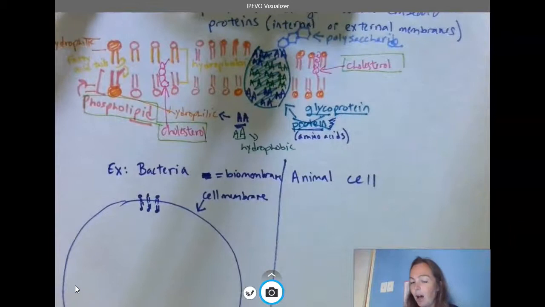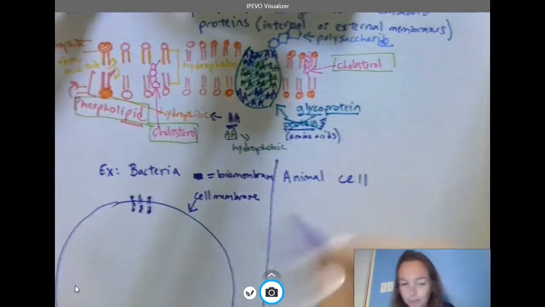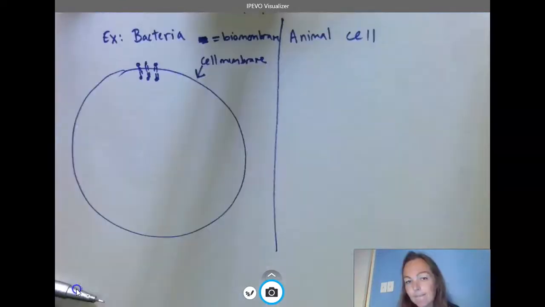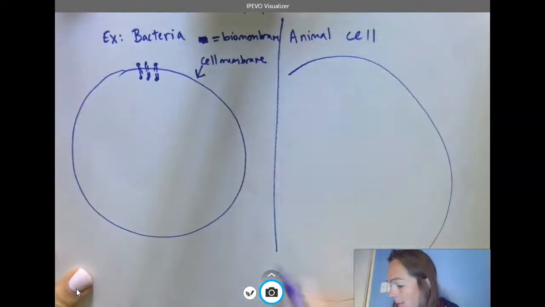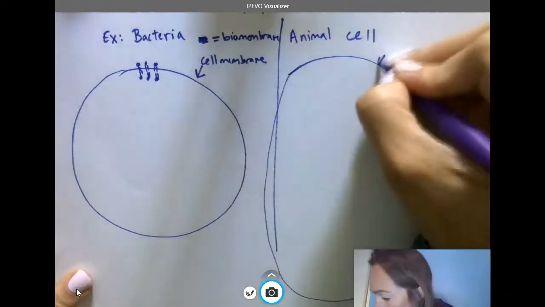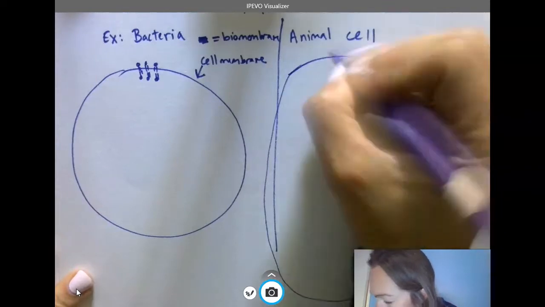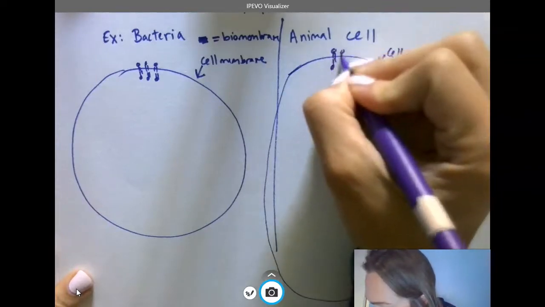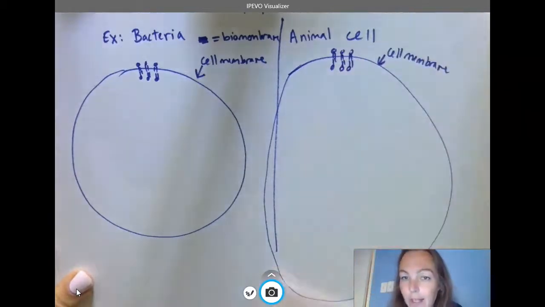Animal cells also have a cell membrane. However, the animal cell membrane is not the only membrane that they have. So here's your animal cell membrane, which is also made up of a phospholipid bilayer with embedded proteins. And this bilayer would go around the entire cell.